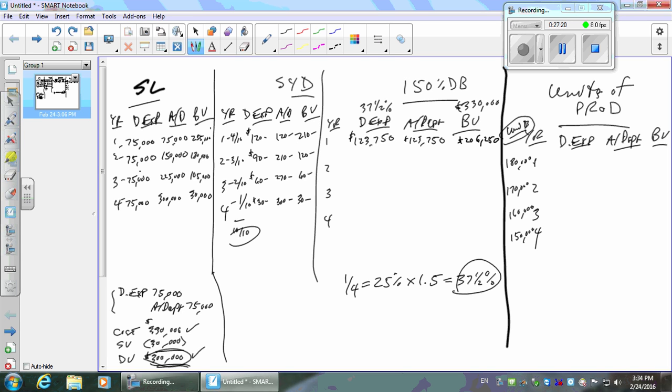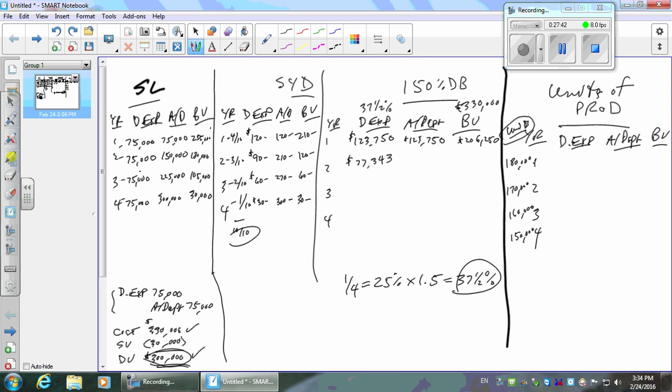206,250. Now you're doing the next year. That's the book value at the beginning of the year. Take 37.5% of it. That's all there is to it. So what's 37.5% of 206,250? We'll round to even dollars. Debit depreciation expense, credit accumulated depreciation.